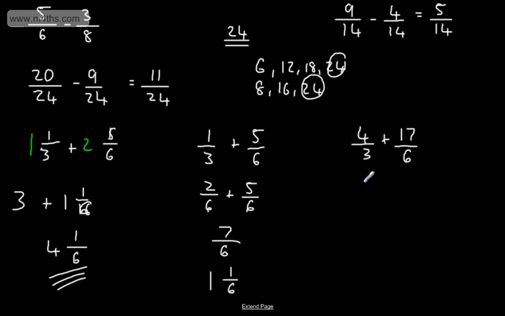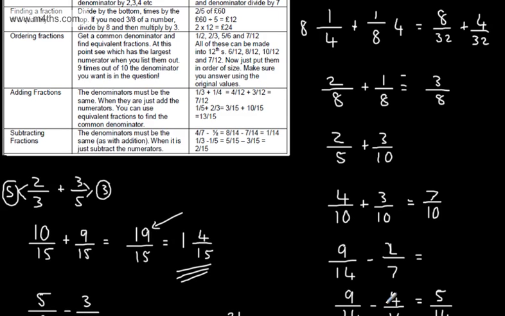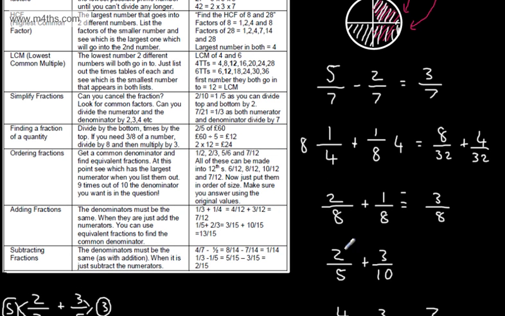Multiplying this up, we'd have 8 over 6 plus 17 over 6, which is going to give me 25 over 6. 6 goes in 4 times, so we'd have 4 whole ones and 1 over 6. And that gives us the same answer. So adding and subtracting fractions, and we've also looked at some mixed numbers.